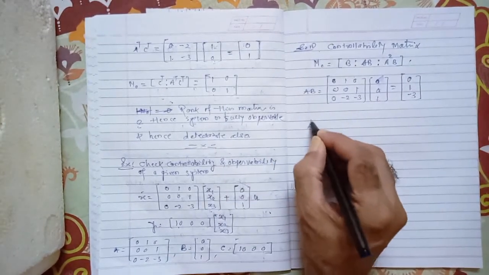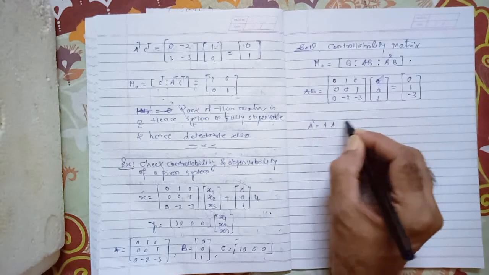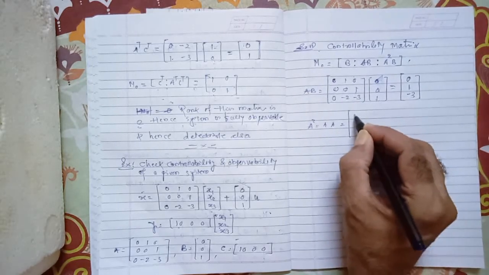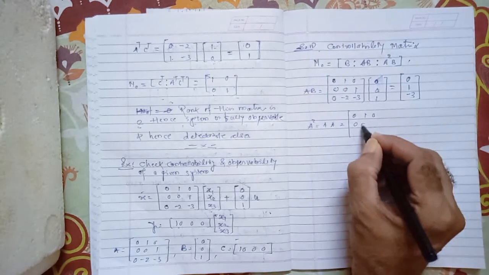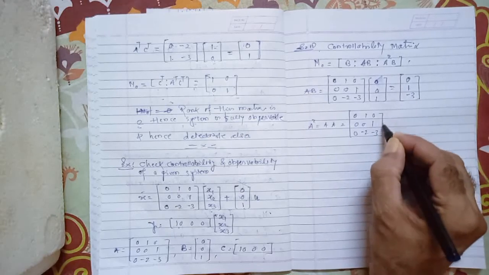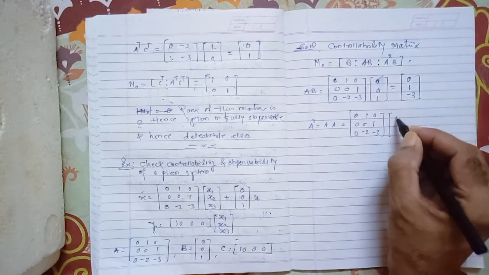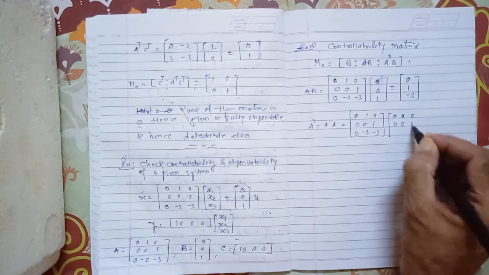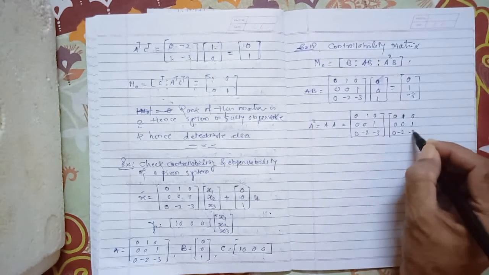A square equals A into A, which is [0 1 0; 0 0 1; 0 -2 -3] times [0 1 0; 0 0 1; 0 -2 -3].